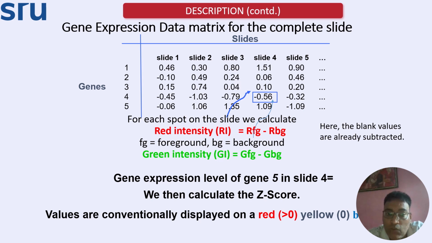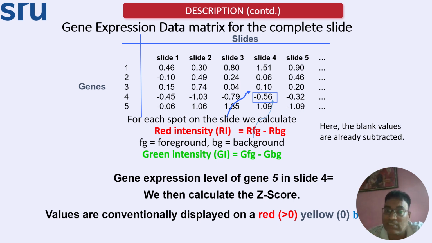For the red intensity and the green intensity, I'm always doing the red foreground minus the red background, for each and every sample. Likewise for the green foreground minus the green background, so that everything gets properly done.